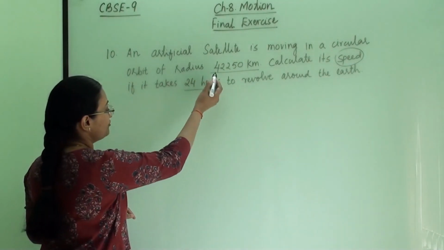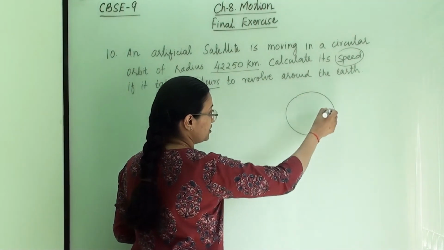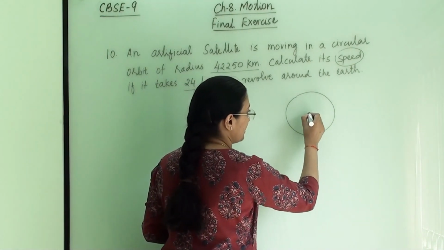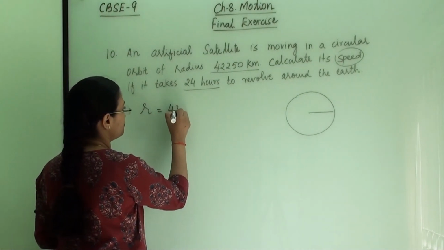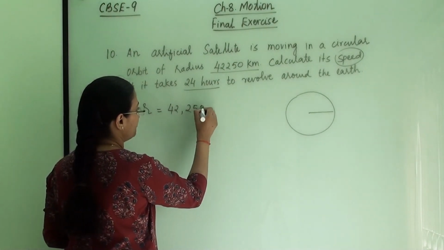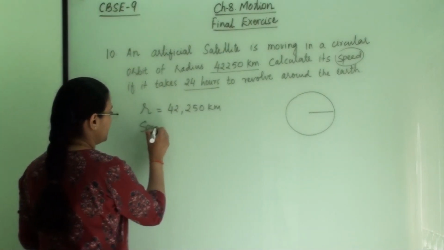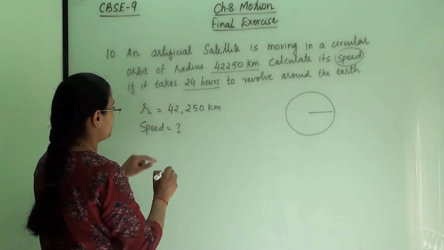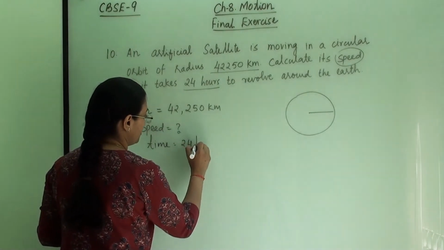The orbit is in circular motion, and they have given the radius, 42,250 kilometer. And we have to find out the speed if it takes 24 hours. So time they have given is 24 hours.